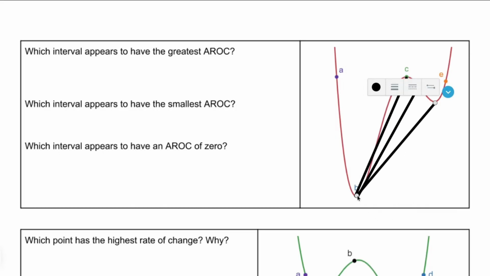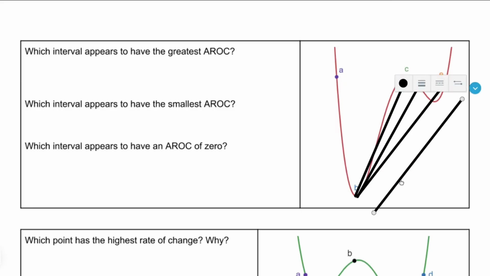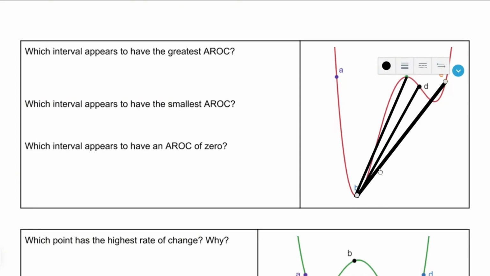And from B to E, I get this slope right here. Okay. Now, are those my only options? No, because I can also make a positive slope from D to E.